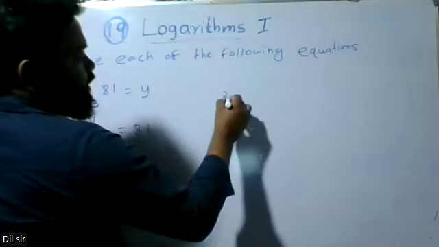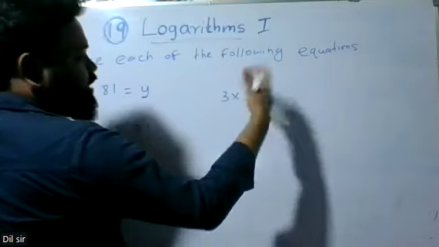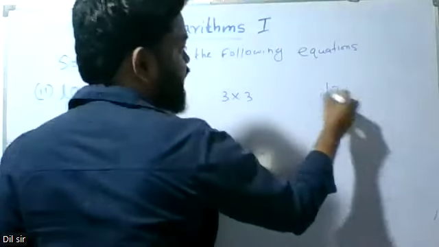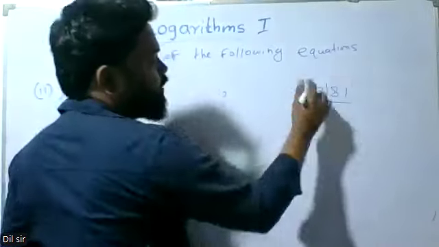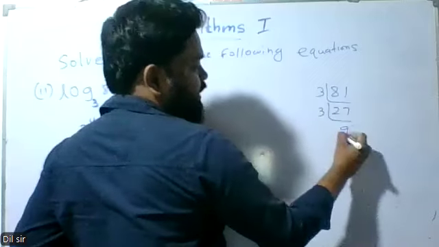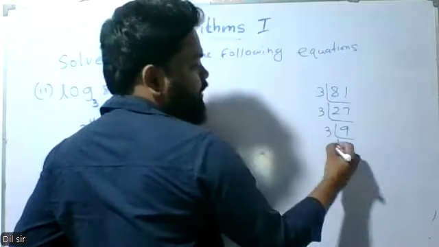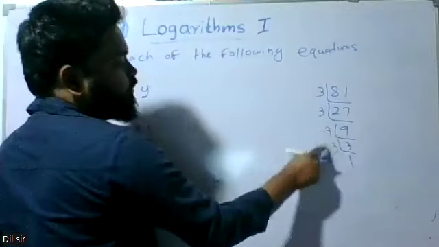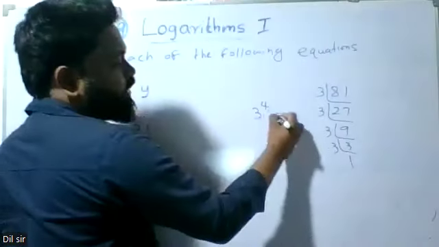One method: you can multiply 3 times 3 to get 81. 81 divided by 3 is 27. 27 divided by 3 is 9. 9 divided by 3 is 3. 3 divided by 3 is 1, until we get 1. How many 3s are there? 1, 2, 3, 4.